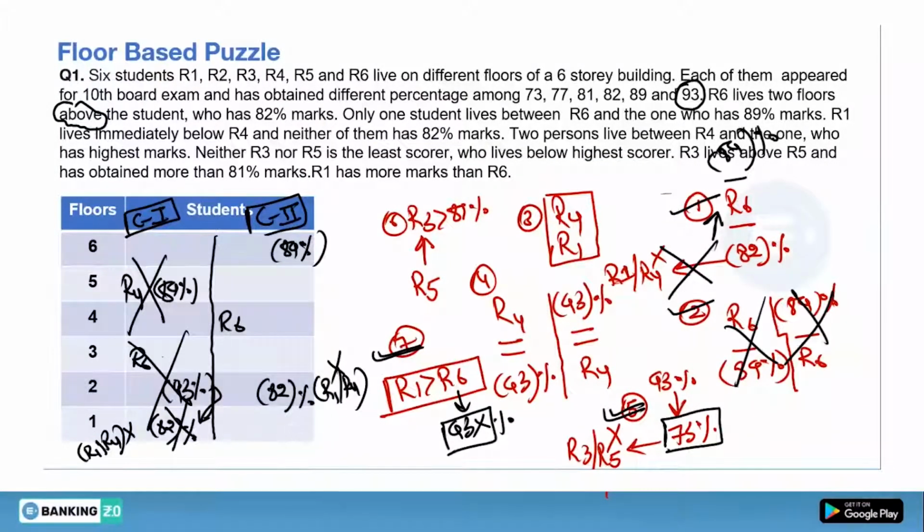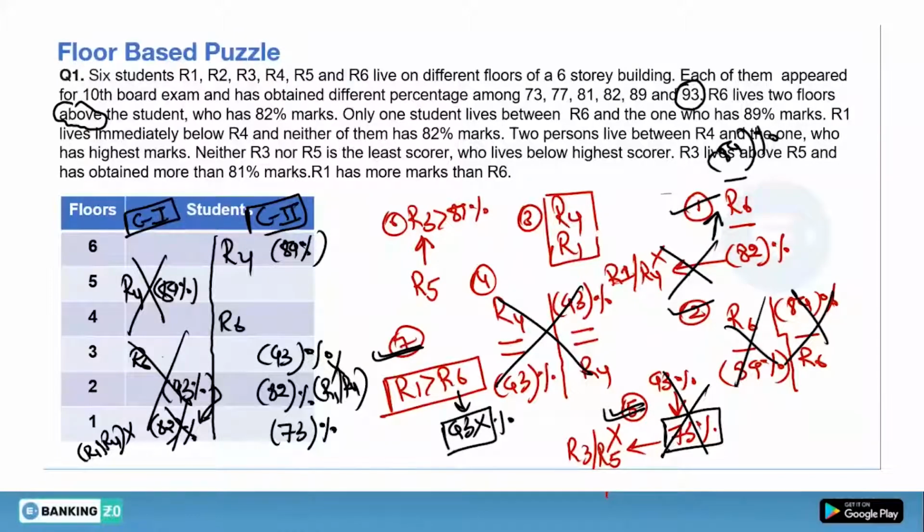And if I put R4 here, 93 will come on R6, but on R6 93 is blocked, so only one case is possible: 93% can come here, R4 will go there, and below 93 there is the 73% mark student. So this is also used.